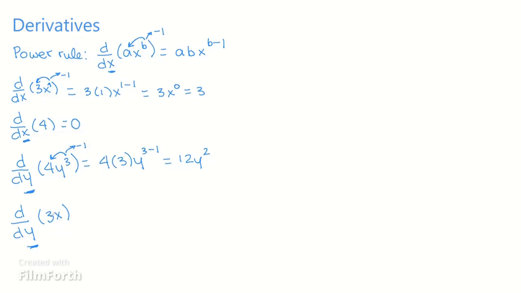So you can think of this as 3 times 1 or 3 times 2, any number that you want, essentially. So since these are just numbers, there's no variable y in here. The derivative of 3x with respect to y is just 0.